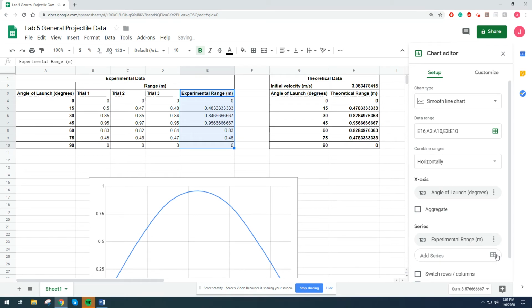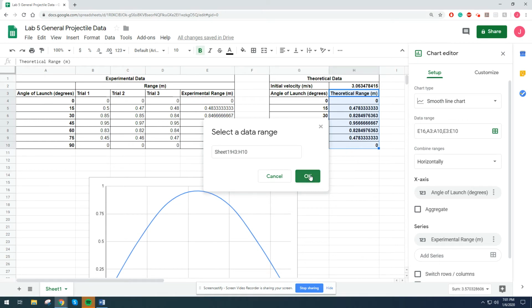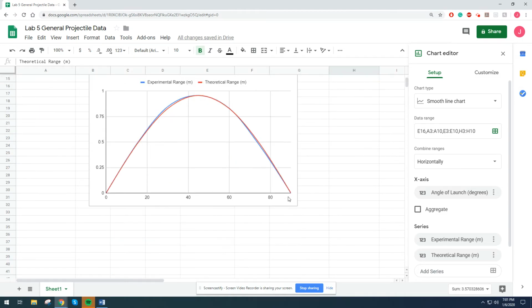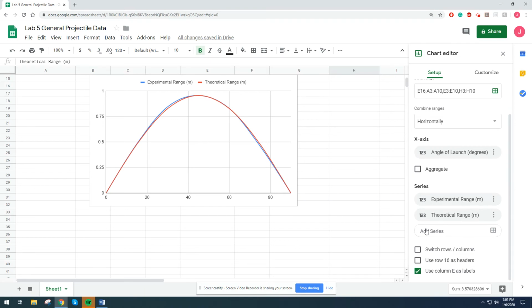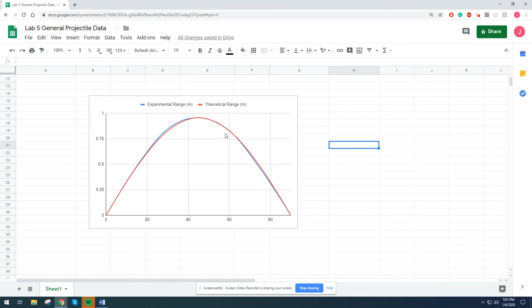And we also want to graph, I'm adding a series again, our theoretical range values. Notice because we highlighted this first key, this first cell, it labels it for us. In my specific data, it looks really nice because I made it up, right? So you notice they nearly overlap exactly as what we expect.